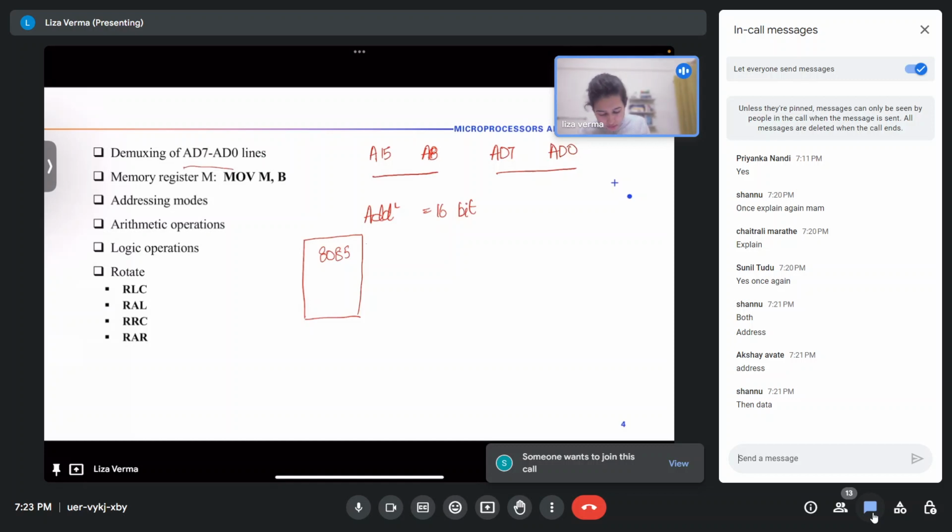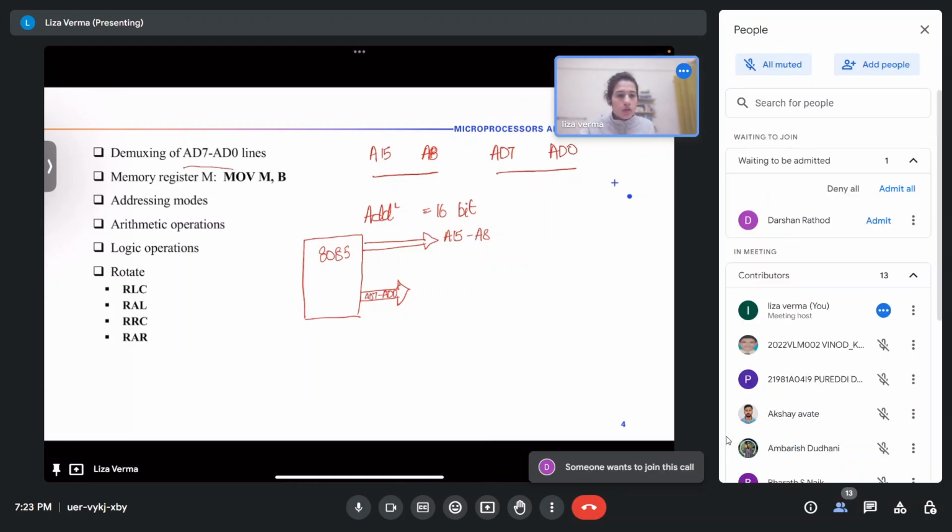This is the higher order bus, A15 to A8. And the lower order bus is somewhere here. This is AD7 to AD0. Is it visible, whatever I'm writing? Yeah. Okay.